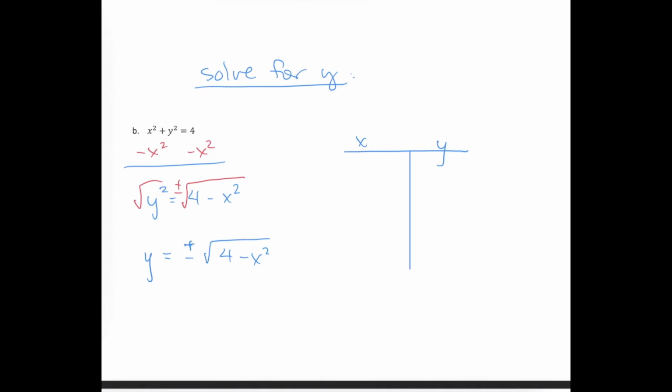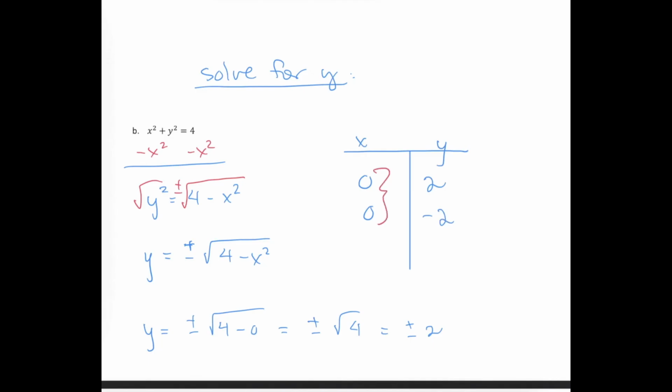So let's plug in x is equal to 0, and we see that when we do that, we're going to get 4 minus 0, which is plus or minus the square root of 4, which is plus or minus 2. So we get not only a positive 2 output, but also a negative 2 output.